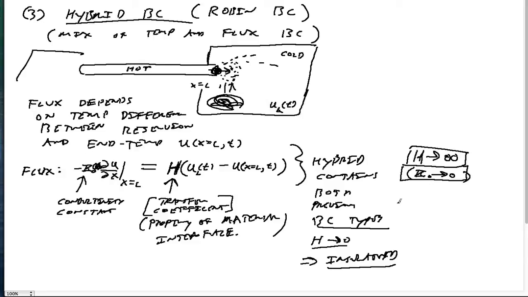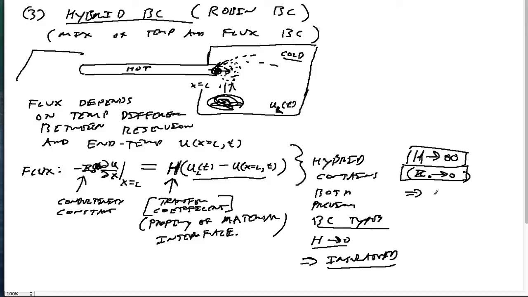And that means that this interface is so effective at taking heat away from the end of that rod that effectively, if it is cold out here, the end temperature is going to be exactly equal to the outside temperature. So that corresponds to our Dirichlet conditions, or our fixed endpoint conditions.